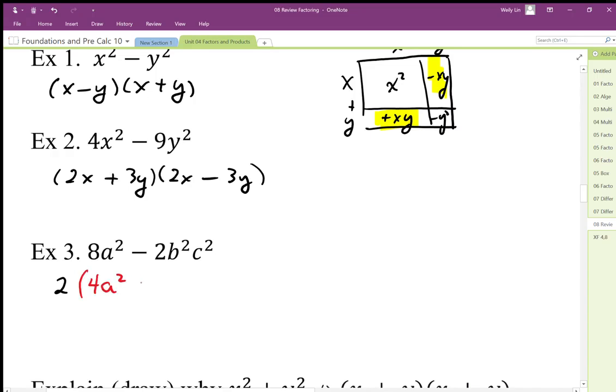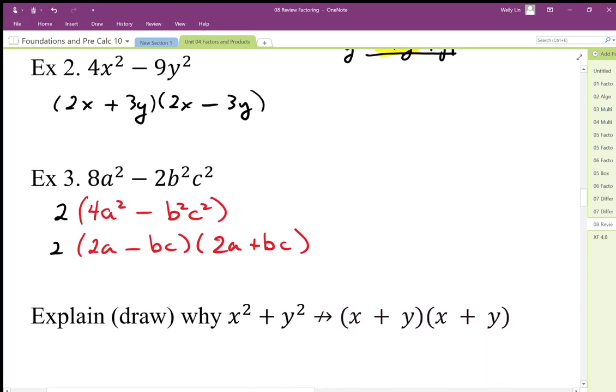Well, that is a perfect square. b squared c squared is also a perfect square. Now we can use our conjugate pairing. So we're going to end up with 2a minus bc, 2a plus bc. Okay, there's our factored form.